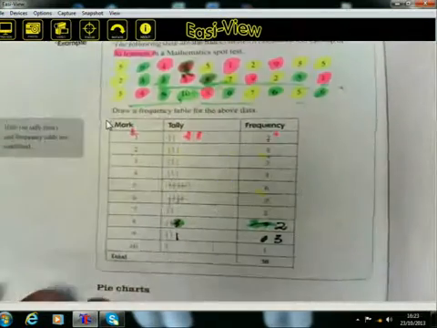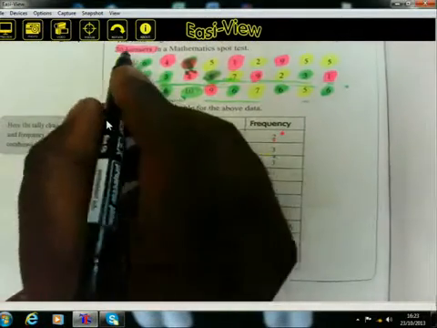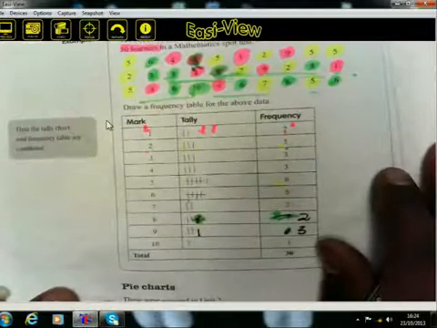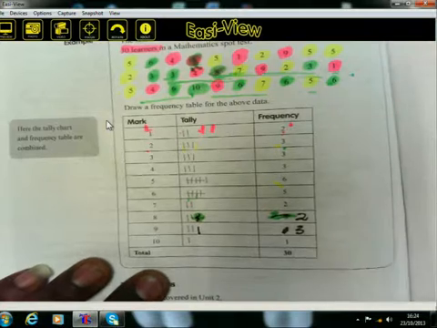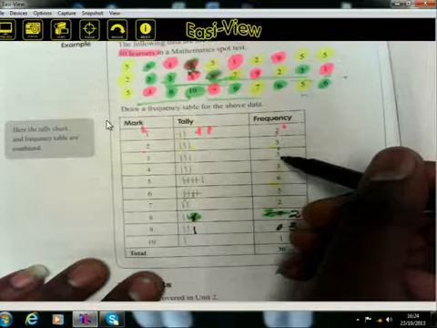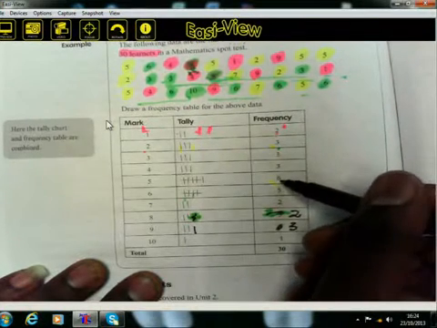Now, what is important here? We have to count whether they said it's 30 learners who wrote. Let us double check whether we are having those 30 learners. It's 2 plus 3, it's 5. Plus 3, it's 8. Plus 3, it's 11. Plus 6, it's 17.